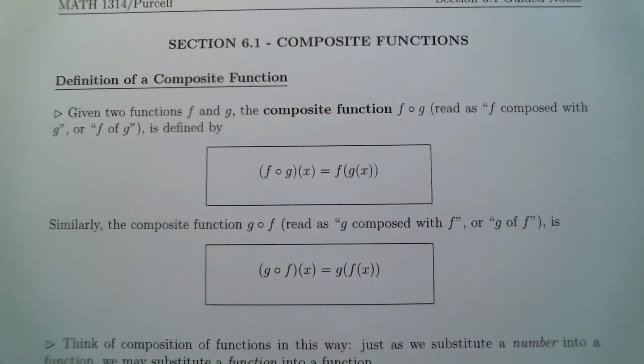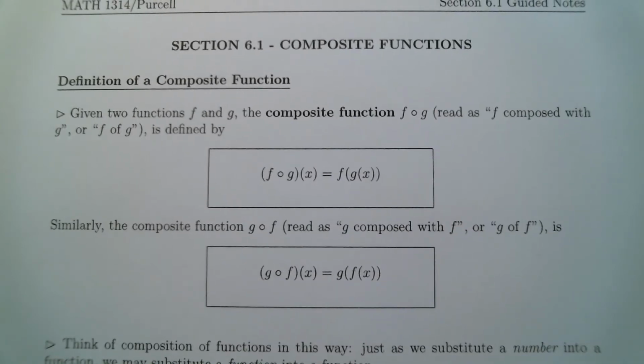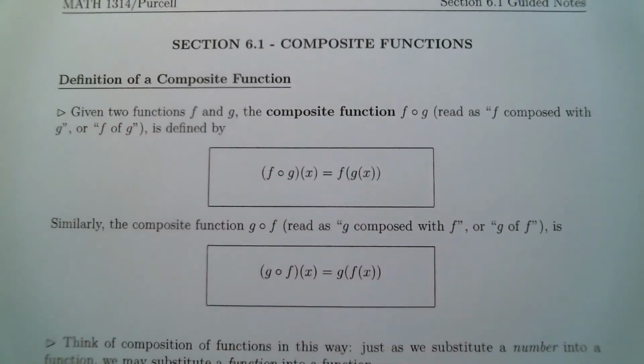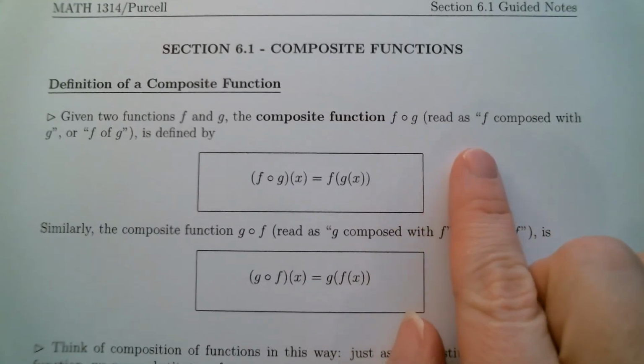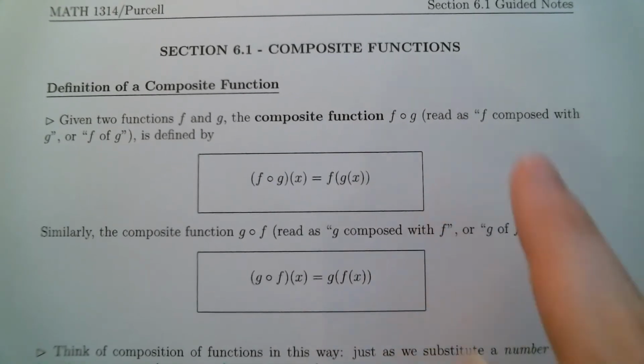Okay, all right, so let's just read through this. The first statement up here says, given two functions f and g, the composite function f of g, and again, I remind you right here, it is pronounced f composed with g, or you can say it as f of g, is defined by this statement.